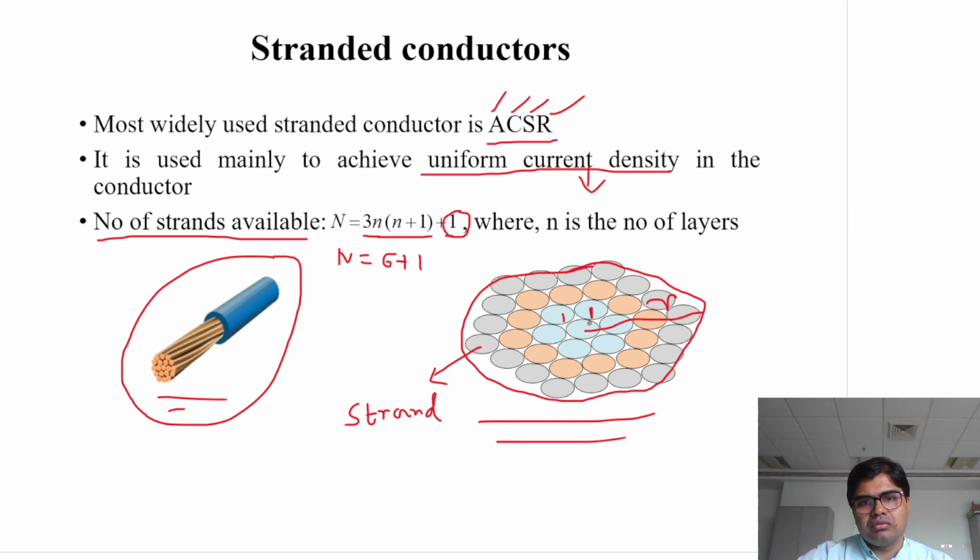So with respect to the central conductor, we have 6 conductors in our first layer. Then if we put n equal to 2, we shall have 12 plus 1, so we have a total of 12 strands in the second layer. In this way we have the number of strands available in different layers.